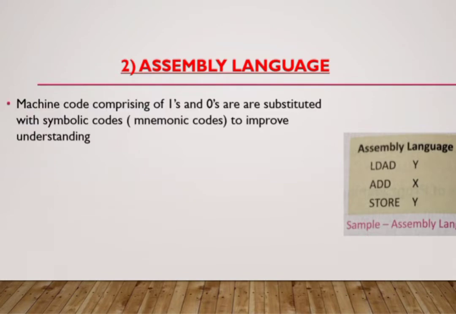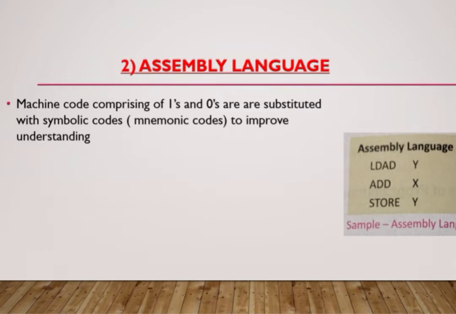In the previous section we discussed the machine level language, which comprises only ones and zeros, isn't it? Ones and zeros mean the binary numbers, and these ones and zeros are arranged in a particular way to construct an instruction.